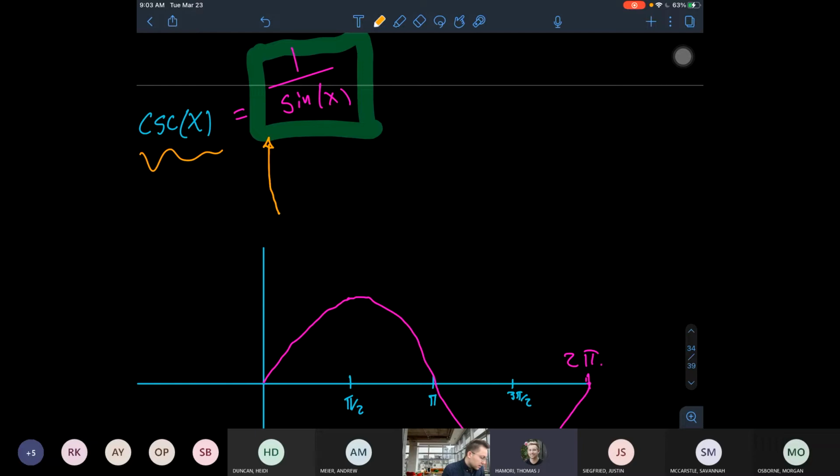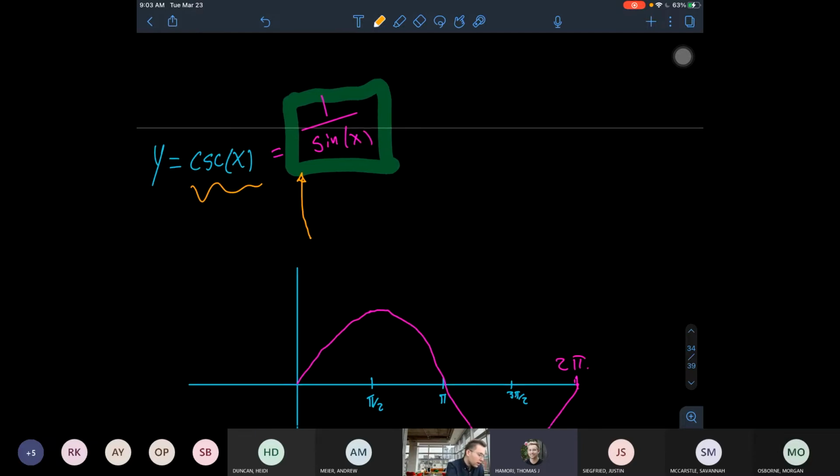All right, and it turns out, if we want to consider, well, what is the minimum value that this function could take? Well, if we have a fraction here, the fraction is going to reach a minimum when the denominator is largest. So we know that the function cosecant of x is going to reach a minimum when sine of x reaches a maximum.